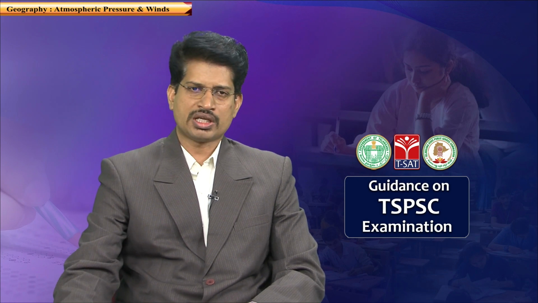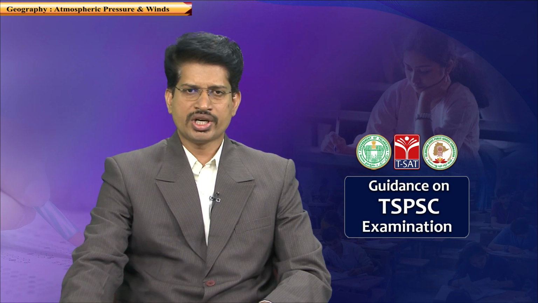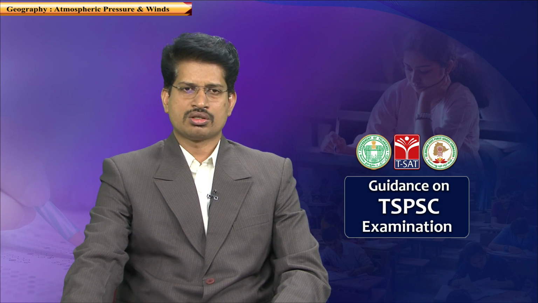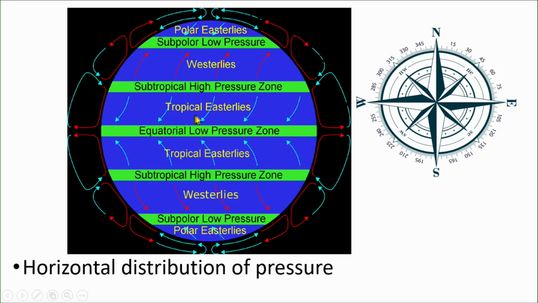One such is known as the trade winds. The trade winds, the northern trade and the southern trade. In the northern trades, for example, here which is being projected to you, the tropical easterlies in the north and the tropical easterlies in the south are also described as trade winds.